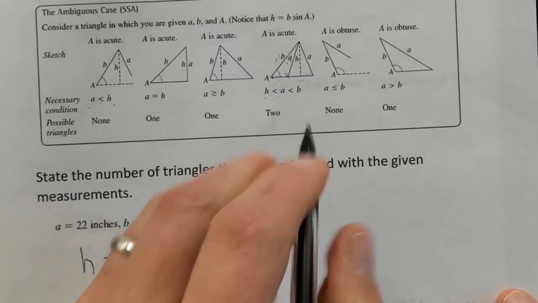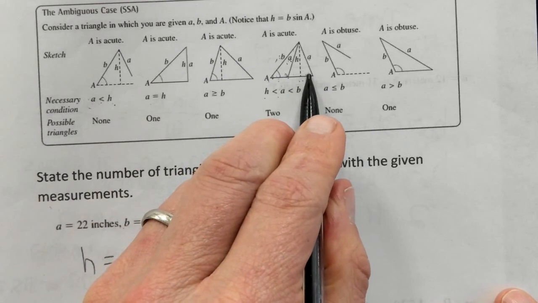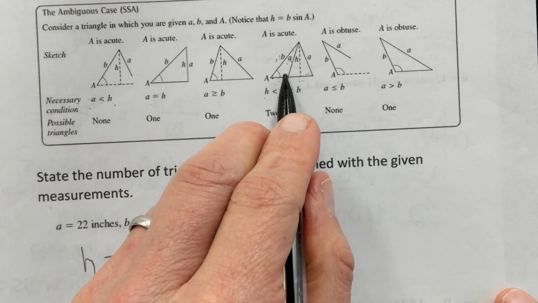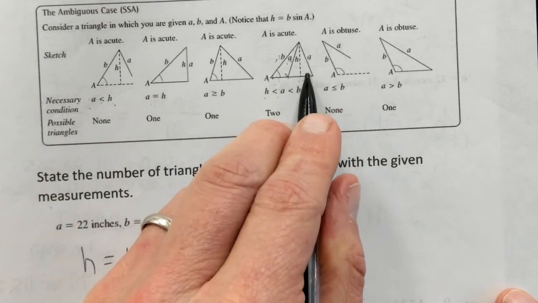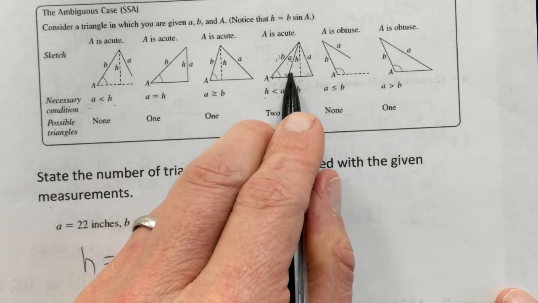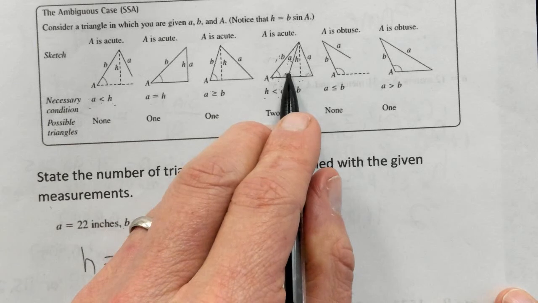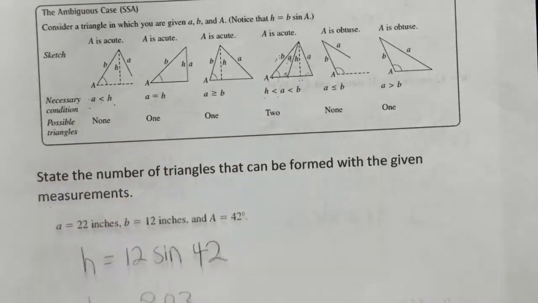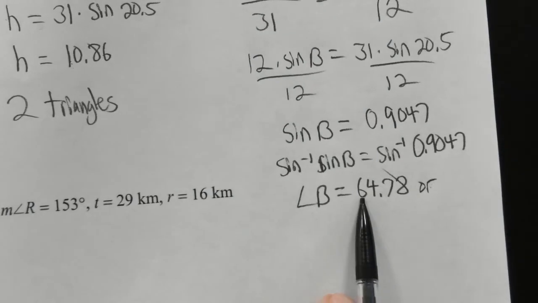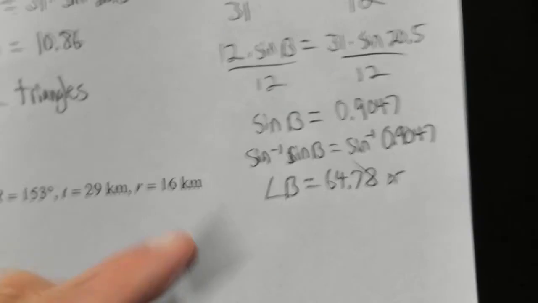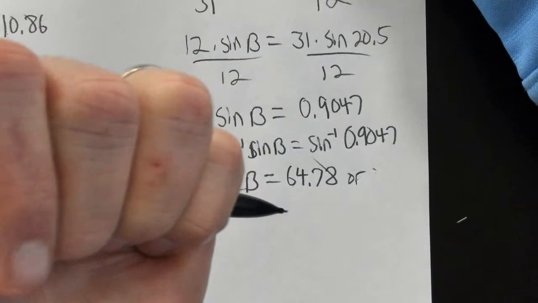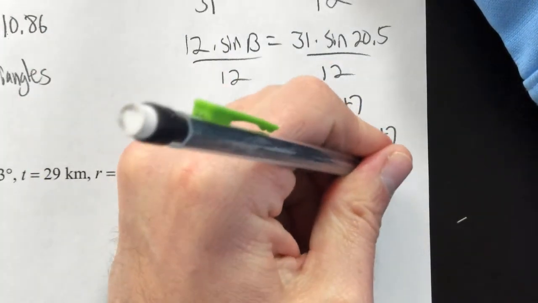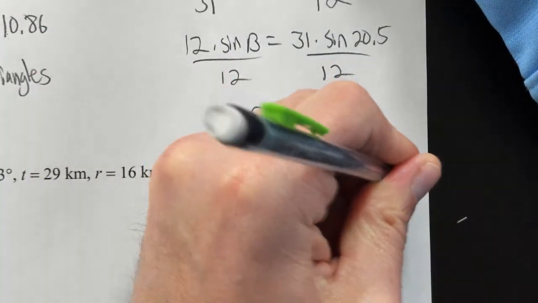Okay. So that's the acute angle, but there's also an obtuse angle B that would also work. And so to figure that out, remember this is isosceles, so if this is 64, this is 64. So if I wanted the other angle that would work, I'd have to do 180 minus 64.78. And 180 minus 64.78 is 115.28.